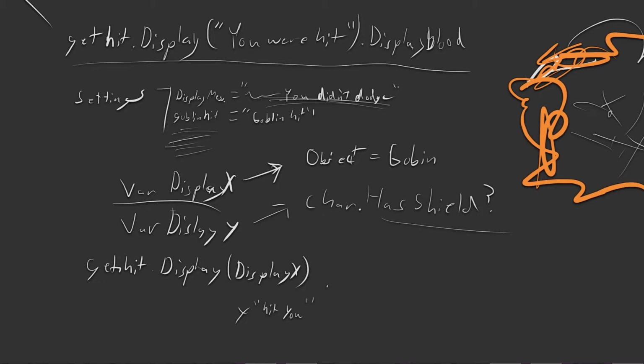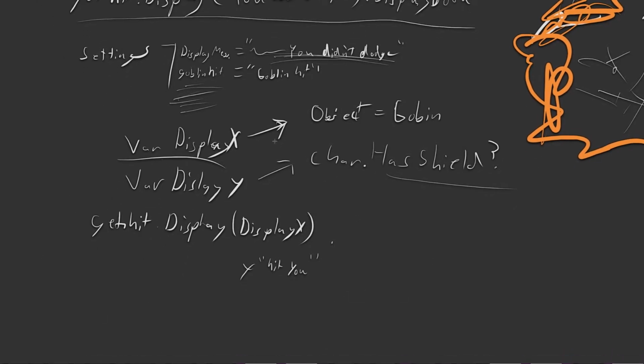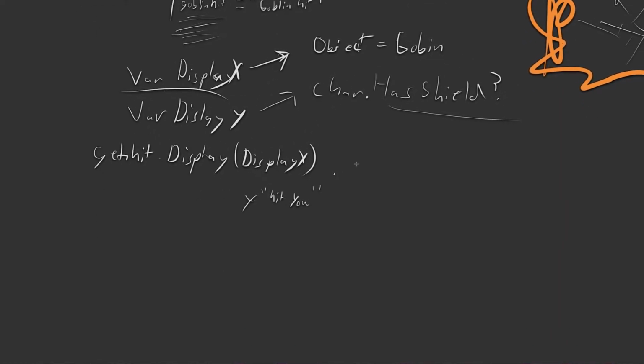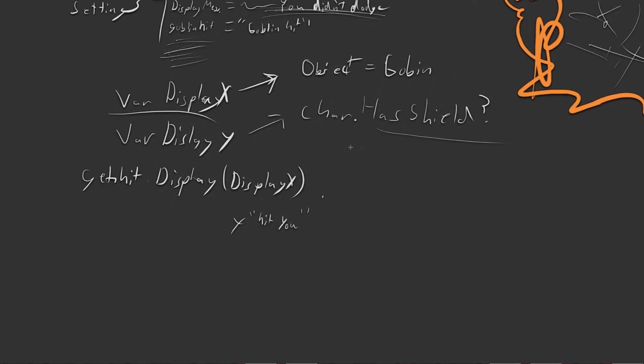But if you do this function here, you can be like, okay, well, we're going to pull from our other function that has the character, right? And then we're going to pull the data and see if they have a shield. And then when you go to display blood, instead you would be like bool, and then okay, well, character has shield or whatever. So you have this as another variable or another if statement, has shield.